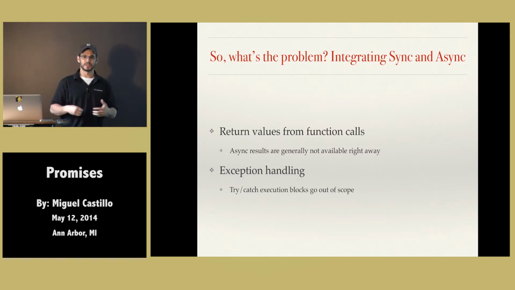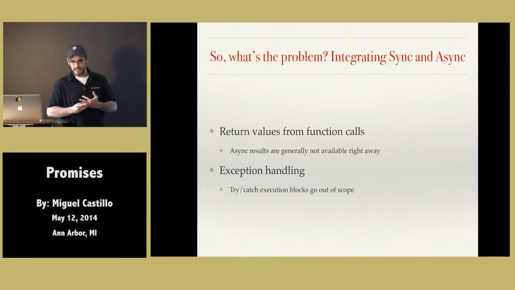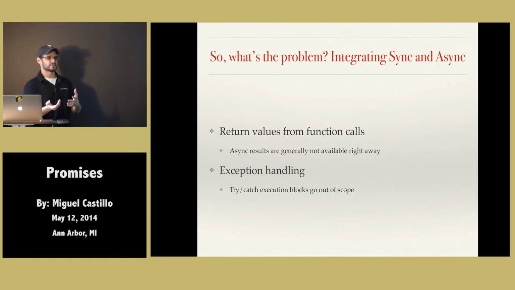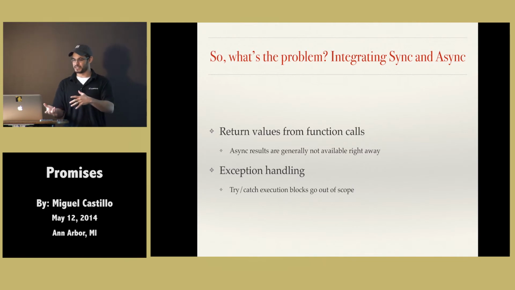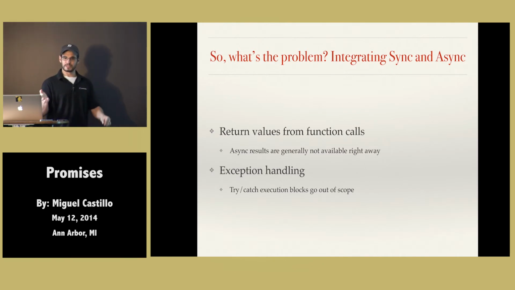When you execute step A in synchronous code, you get a result out of it. Exception handling is much more settled because, generally speaking, when you execute some code and get an exception in a regular synchronous paradigm, you end up with a catch getting that error.